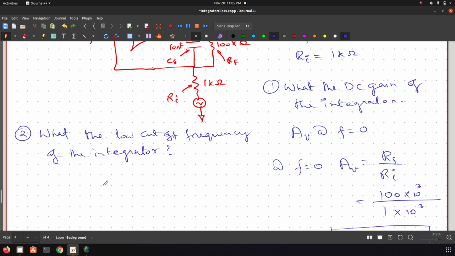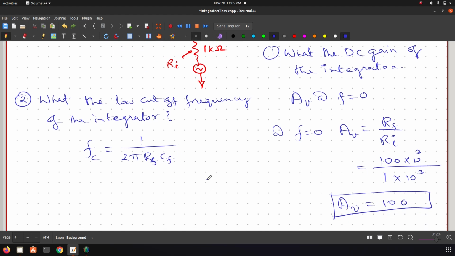So what's the formula for low cutoff frequency? F cutoff equals 1 by 2 pi RF CF, right? Therefore it equals 1 by 2 pi times, what is RF?